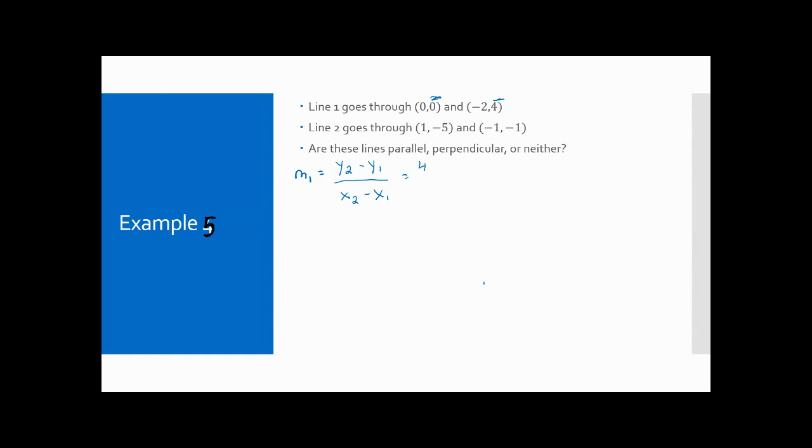So that's going to be 4 minus 0. And then you take the x's, so negative 2 minus 0. That gives us 4 over negative 2, which we can divide. 4 divided by negative 2 is negative 2. So line 1 has a slope of negative 2.